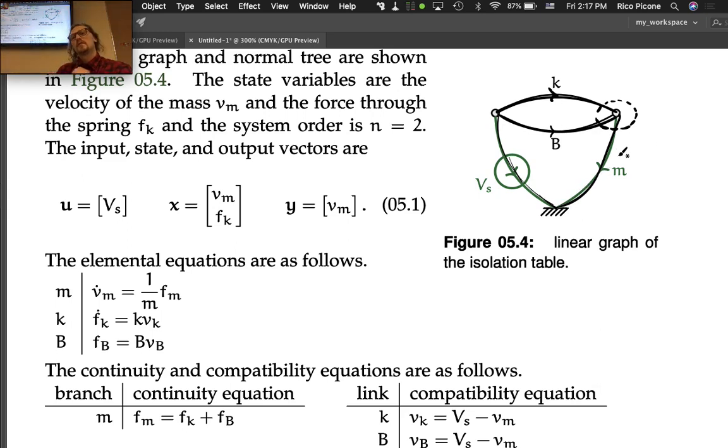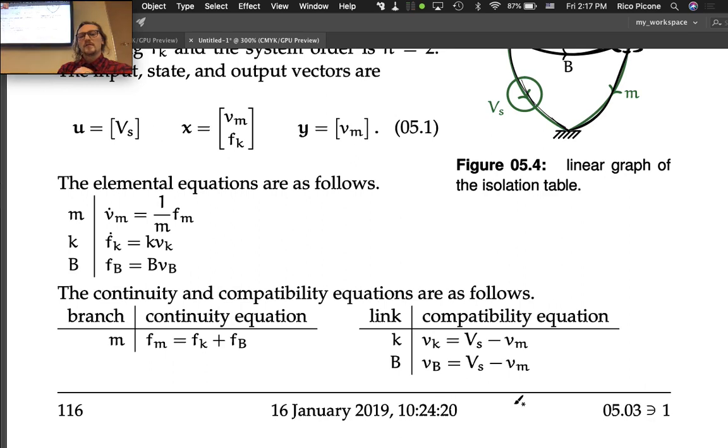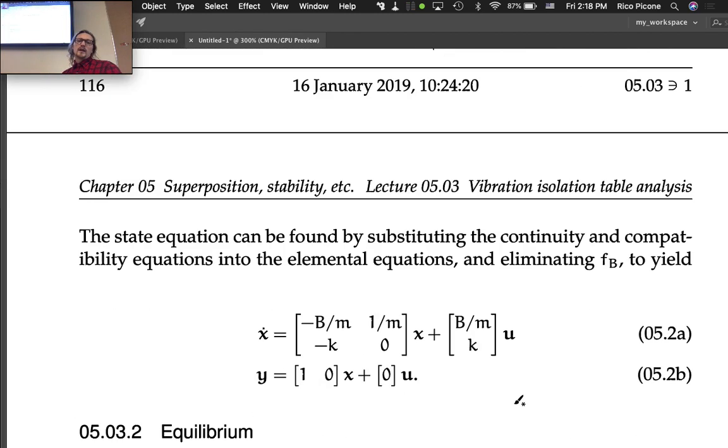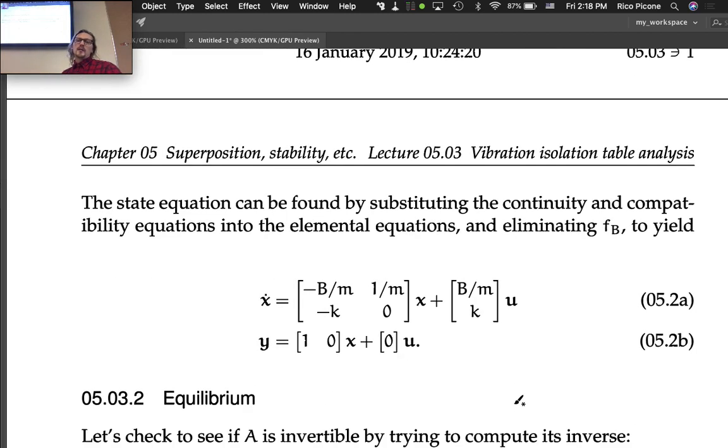So the same right-hand side. So those are our continuity and compatibility equations. Finally, we can eliminate the variables in those equations that are not state variables or inputs, and we can come up with the state space model of 5.2.